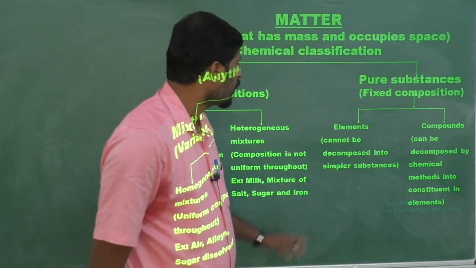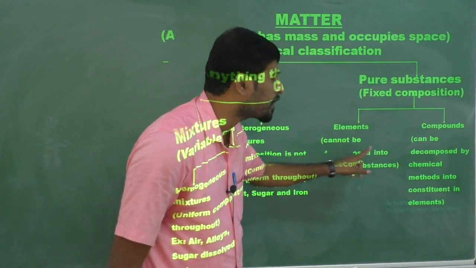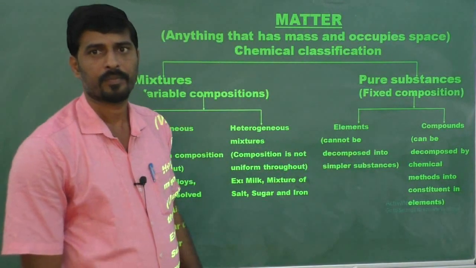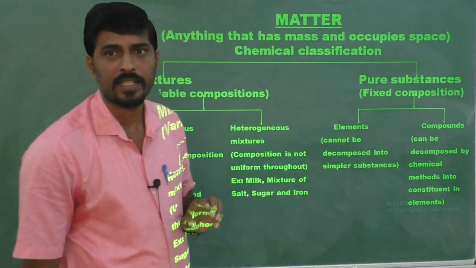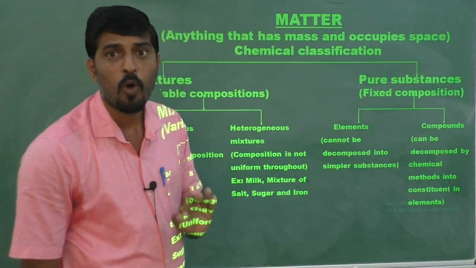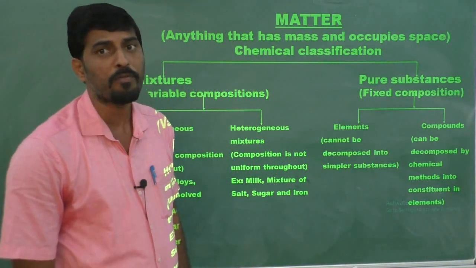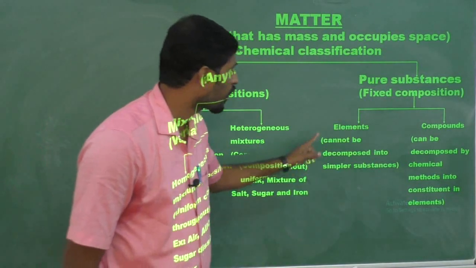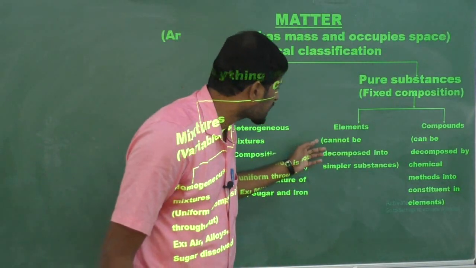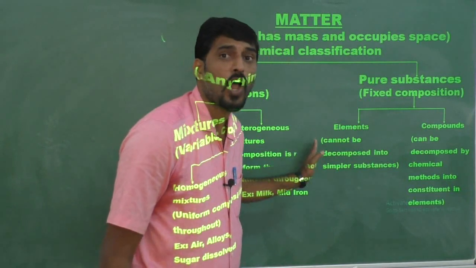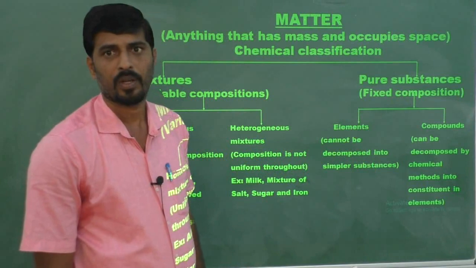Elements cannot be decomposed into simpler substances. That means elements are those substances which are made up of only one type of atom.